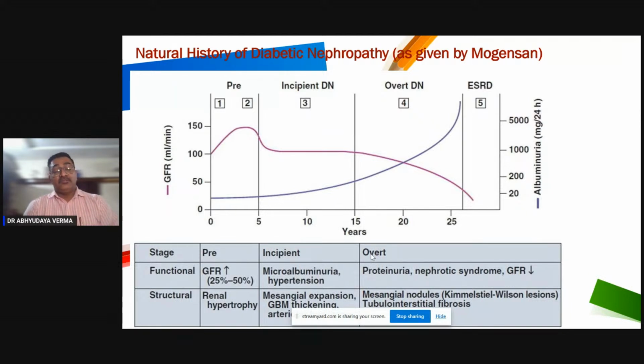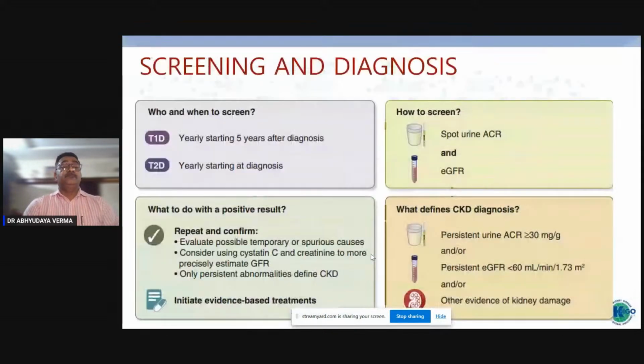Ultimately, what happens? Initially, there is a renal hypertrophy, mesangial expansion, GBM thickening, and the mesangial nodule formation. So this is the whole natural history.